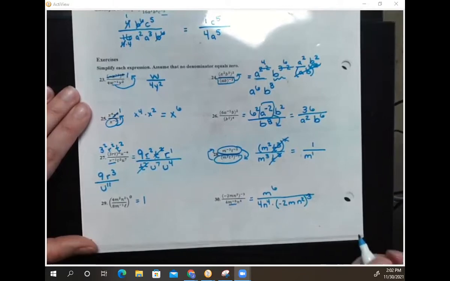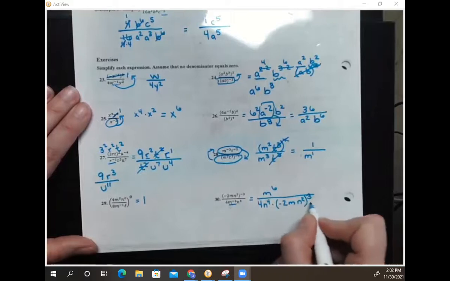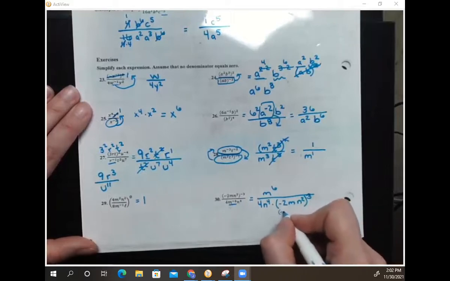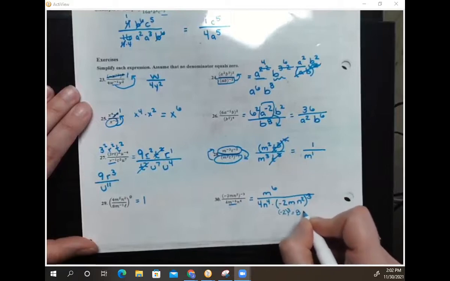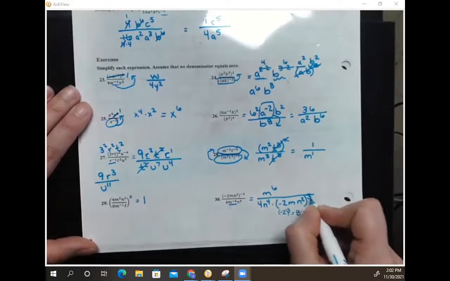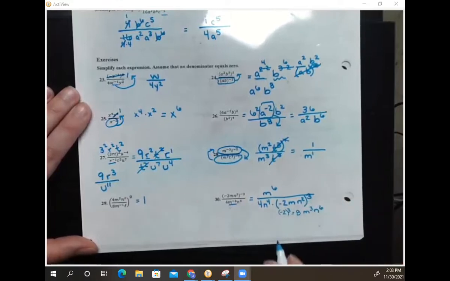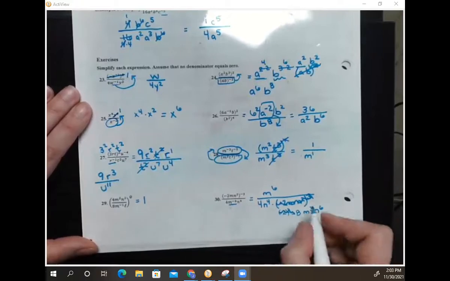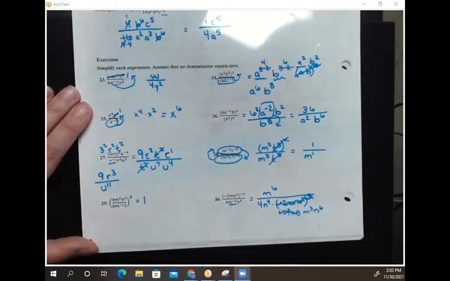Be careful with that. Now I'm going to go ahead and cube all of these pieces. So this would be negative 2 cubed, which gives me 8, and then m cubed, and then n to the 2 times 3, that would be 6. So I'm going to go ahead and look at combining my like terms from here. So, oh, sorry, that should be negative 8 since it was negative 2 cubed.